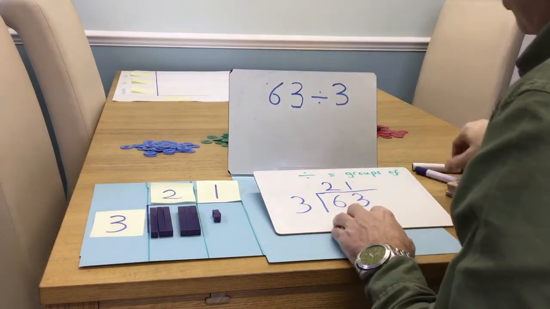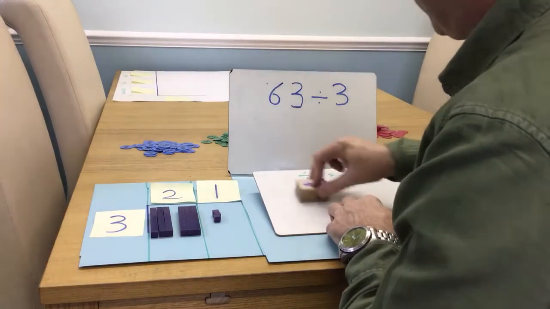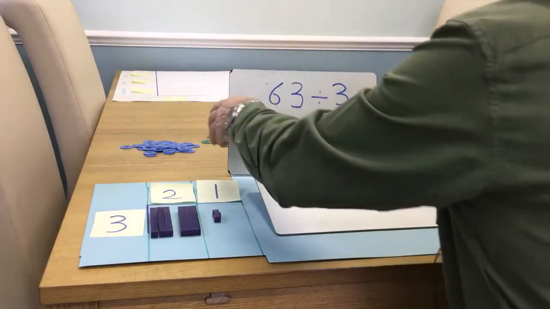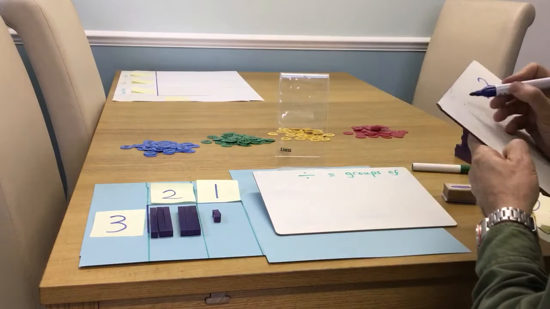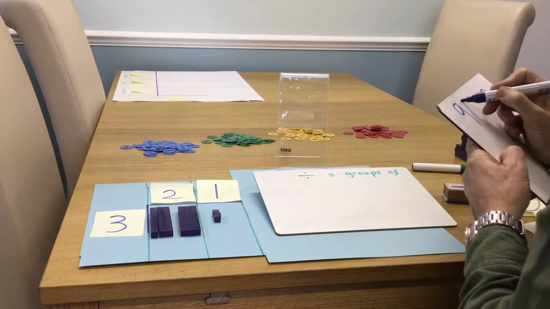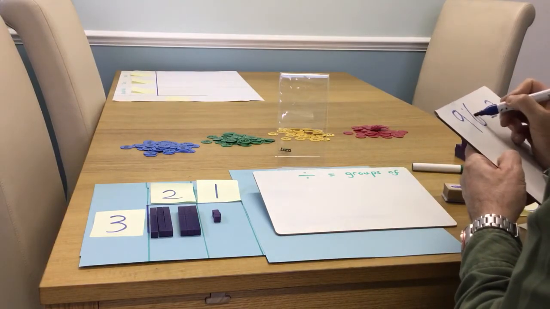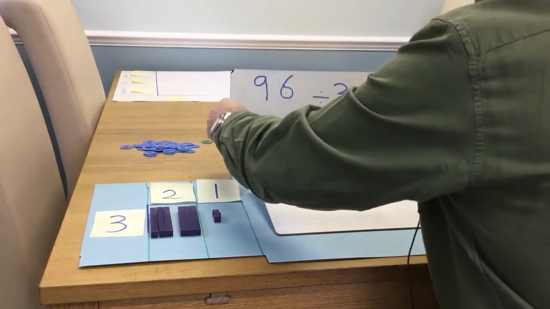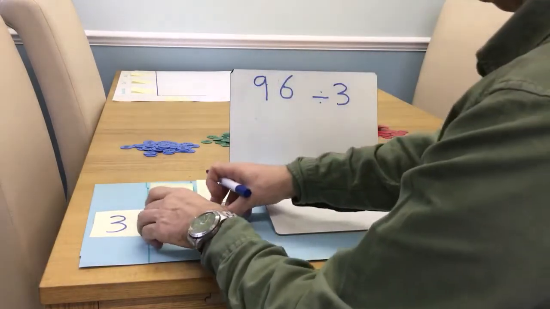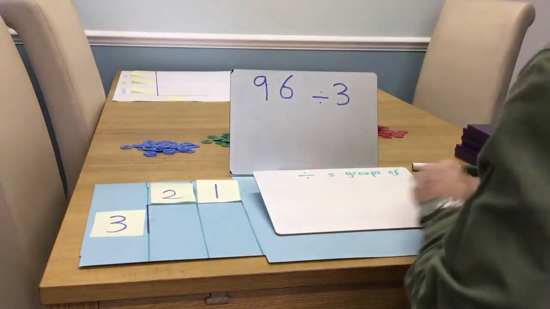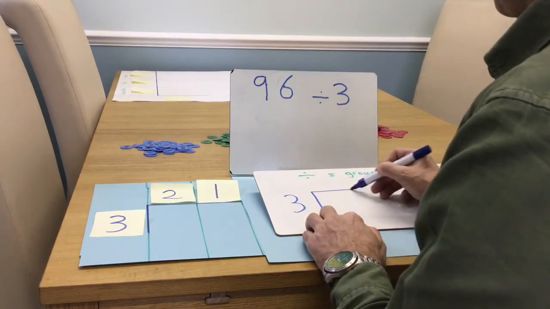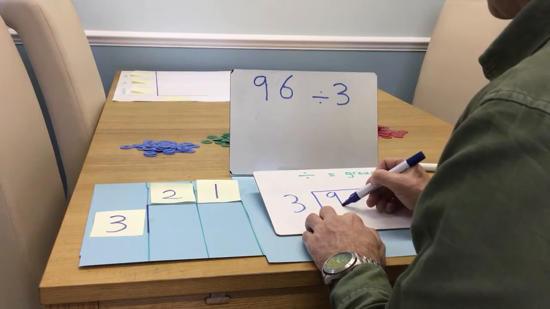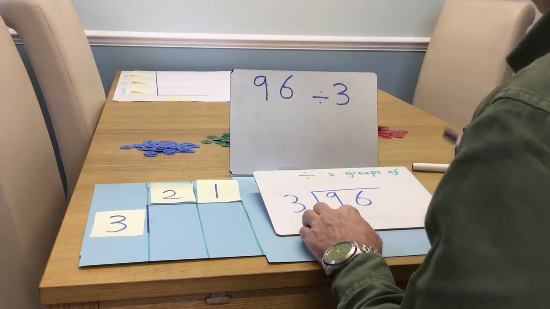Right, let's go for one more. This time I'm going to go bigger. I'm going to go for 96. I've got my 3. Draw a bus stop. Pop in 96, which is the number I'm going to group.